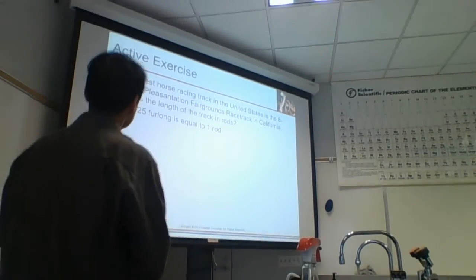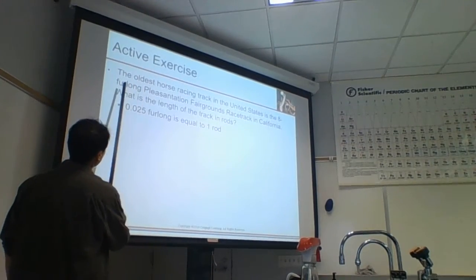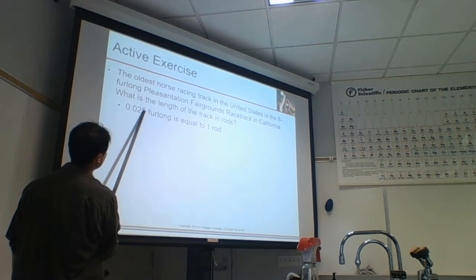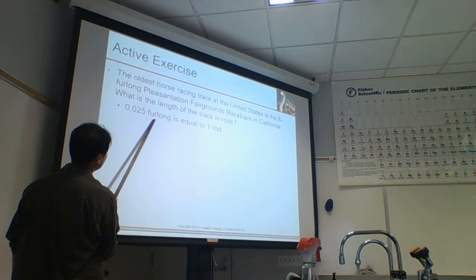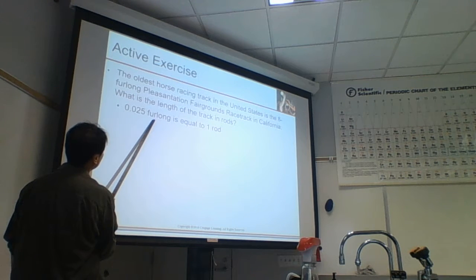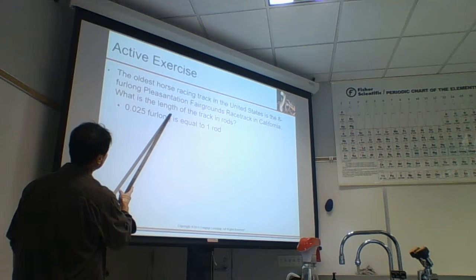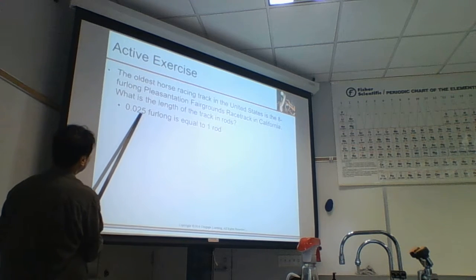Okay, this next one: the oldest horse racing track in the United States is 8 furlong, Pleasanton Fairgrounds racetrack in California. What is the length of the racetrack across? Okay, I don't understand this, but we can figure it out anyway.